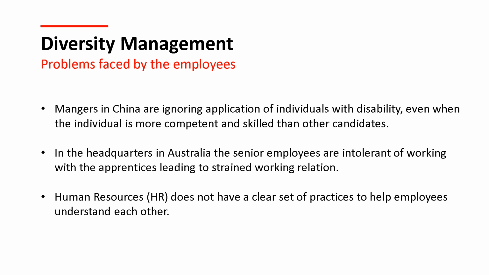In the headquarters situated in Australia, the senior employees are intolerant of working with apprentices, leading to strained working relations. The human resource does not have a clear set of practices to help employees understand each other, which is leading to a communication gap in the organization, which would ultimately affect the organization in achieving its desired goals.